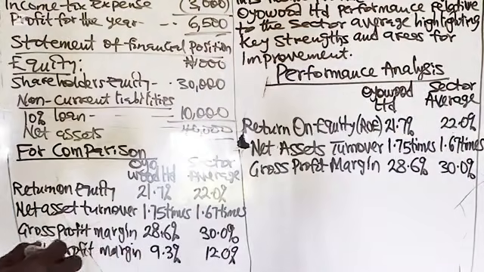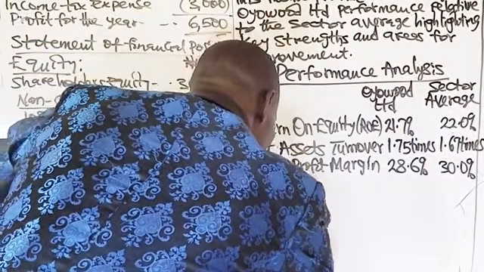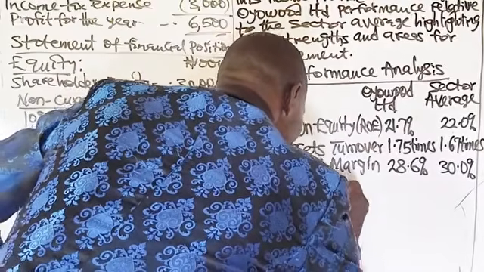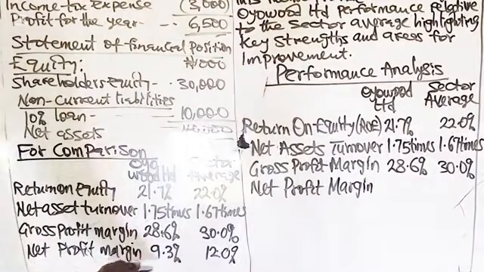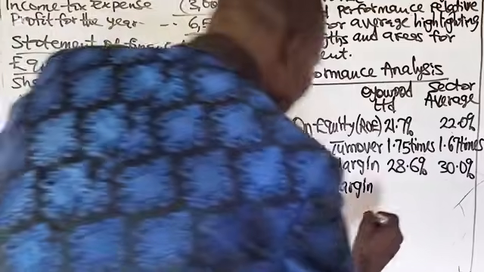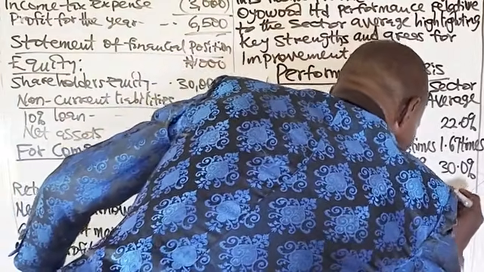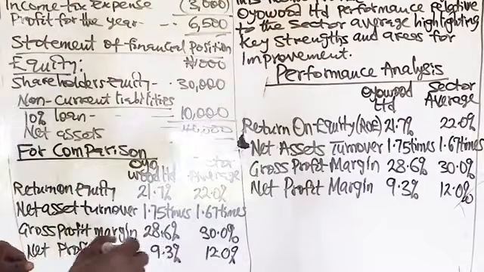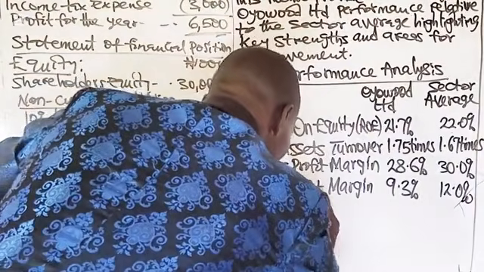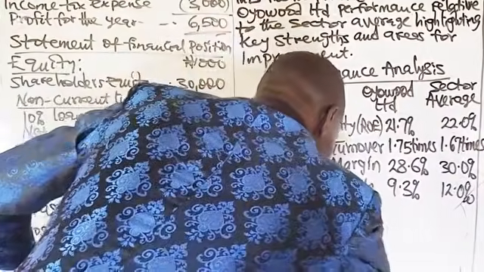Then the last one is net profit margin: 9.3% and 12.0%. So now, let's have the key observations, what we observed from the computed ratios.